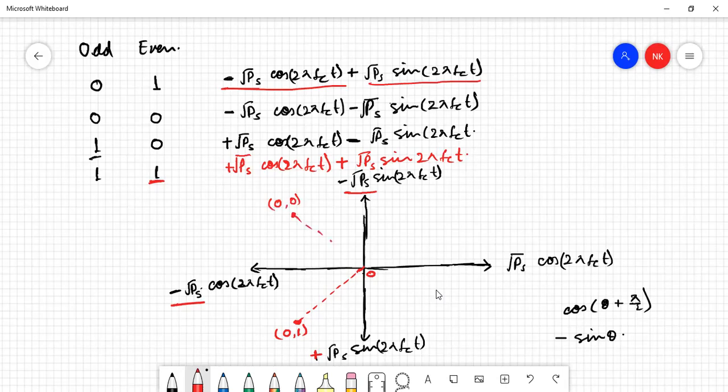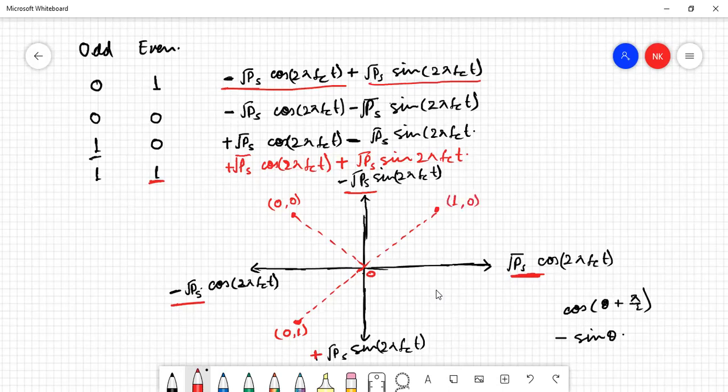Next, the third point 1, 0, where we can get it is plus root under Ps and minus root under Ps. So plus root under Ps cos 2 pi fct is here, and minus root under Ps sine 2 pi fct is here. So here we are getting a point which is the next point, 1, 0.